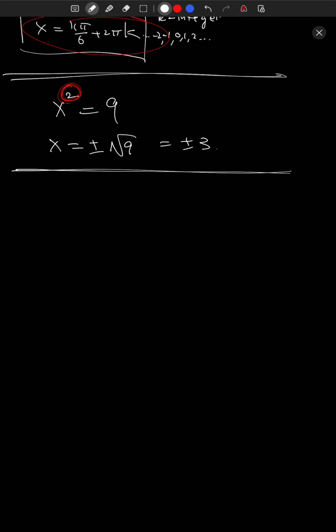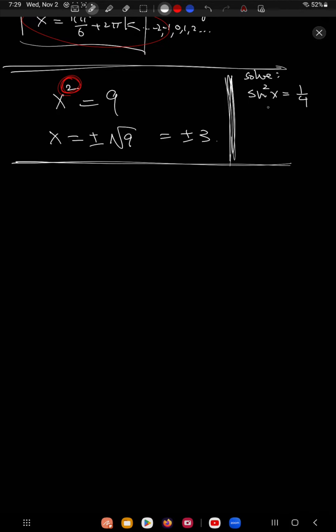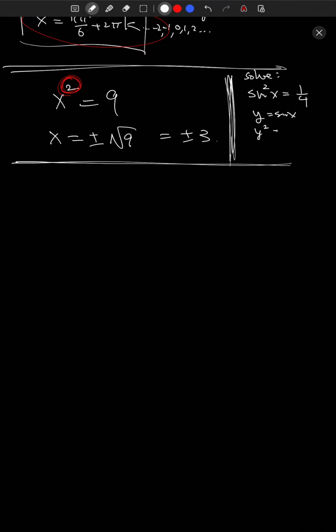So that's the most basic type of problem. In terms of our class, you might see a problem like sine squared x equals 1/4. Solve this. Let y equal sine x, then our problem becomes y squared equals 1/4, which means y is equal to plus or minus square root of 1/4, which is 1/2.